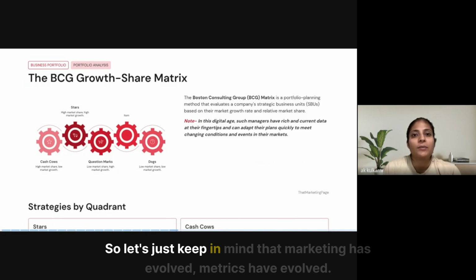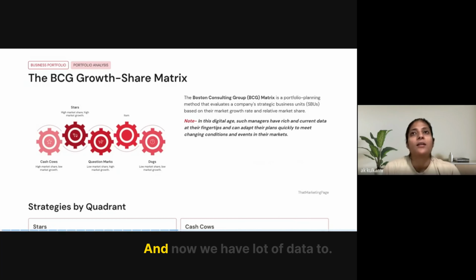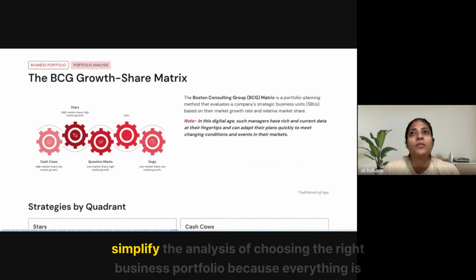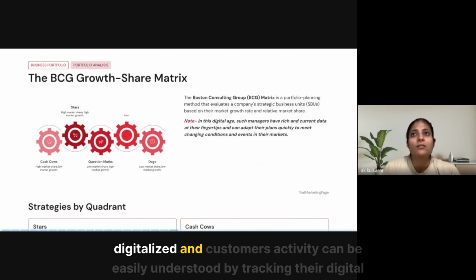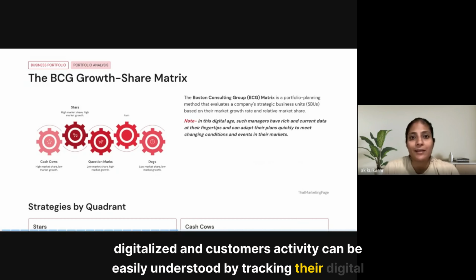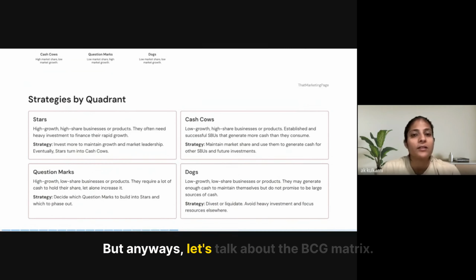So let's just keep in mind that marketing has evolved, metrics have evolved, and now we have a lot of data to simplify the analysis of choosing the right business portfolio, because everything is digitalized and customers' activity can be easily understood by tracking their digital journey. But, anyways, let's talk about the BCG matrix.